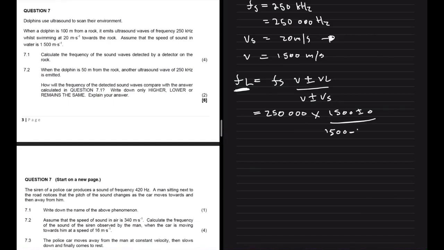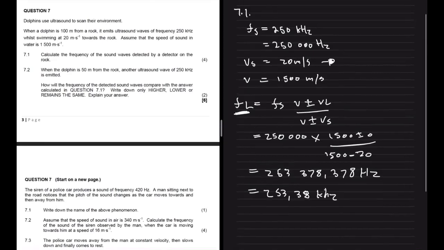So we're going to have 1,500 minus 20, which equals, now it's just a matter of putting that into your calculator. 250,000 multiplied by 1,500 divided by 1,480, and that's going to give us 253,378.3784 hertz, which you can convert to kilohertz, and then you're going to have 253.38 kilohertz. That's it for this question.